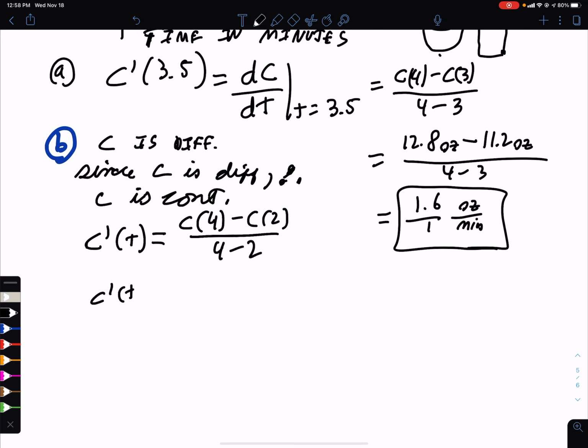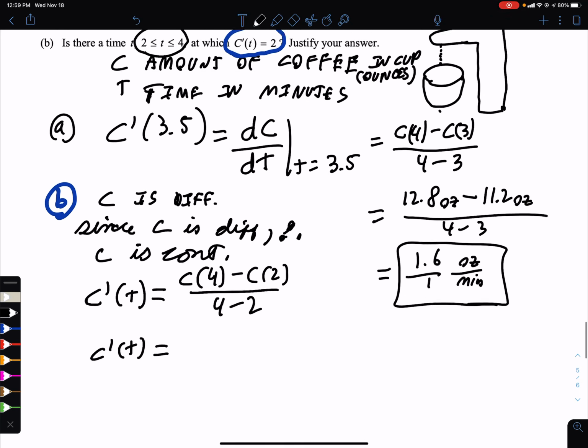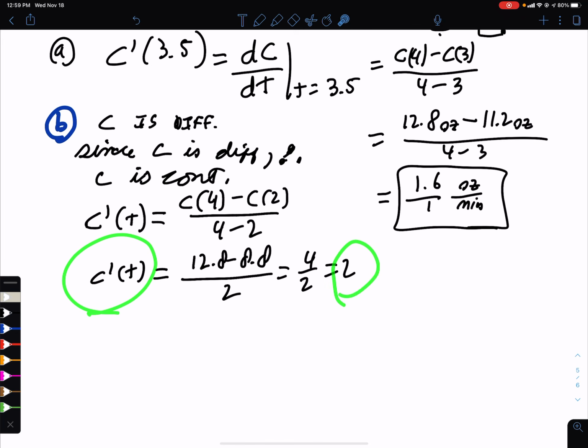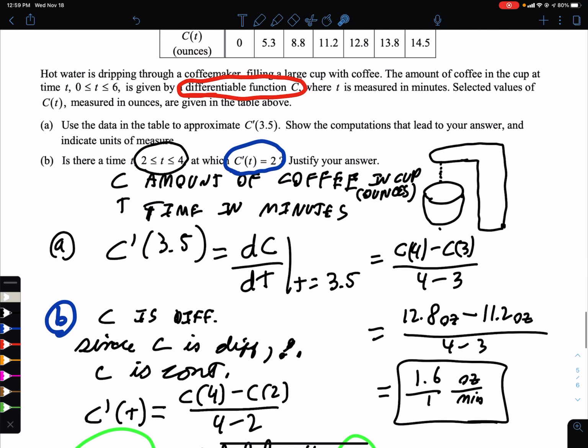So C prime of t equals, so C of 4 is going to be 12.8 minus 8.8 over 2, which is 4 over 2, equals 2. So by the mean value theorem, we're guaranteed the derivative will equal 2. And that's what we're trying to prove. There must be a time where C prime of t equals 2.